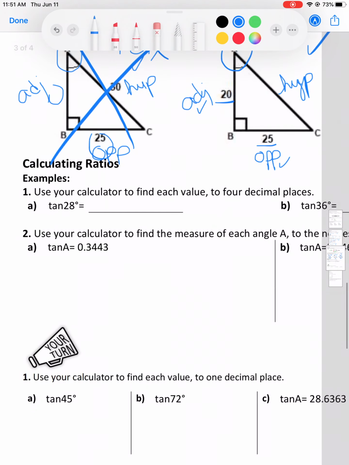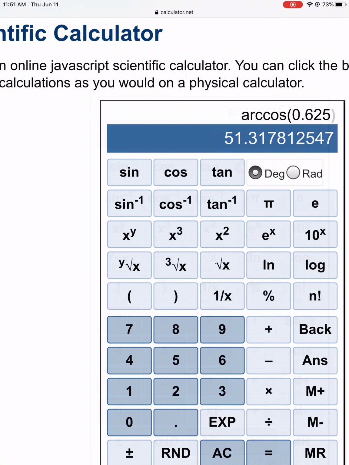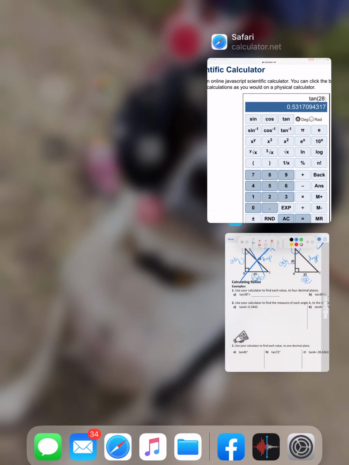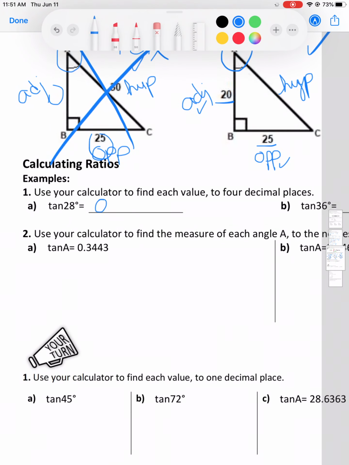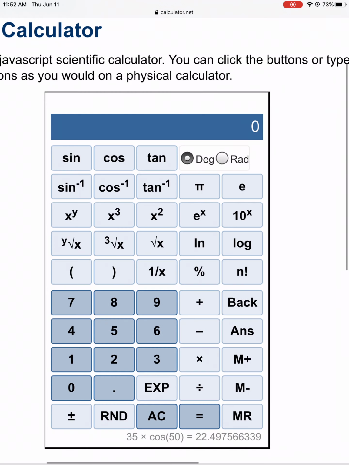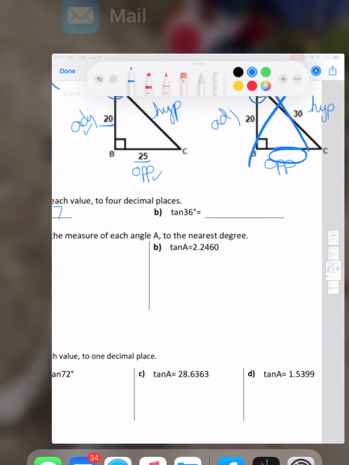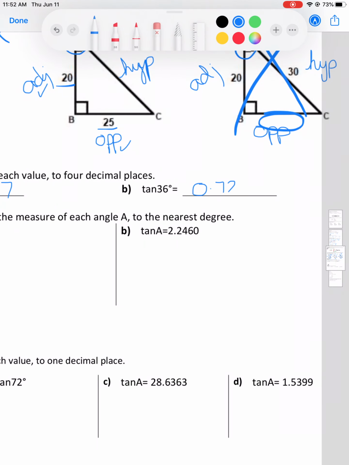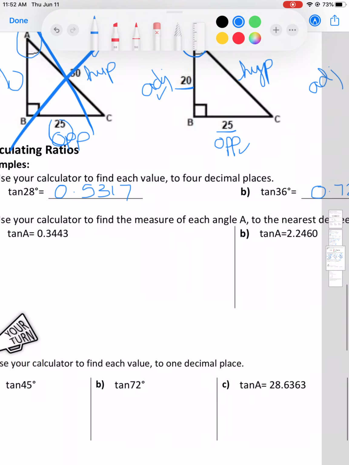So again, this is just throwing in some numbers. Tan 28. Again, guys, please make sure you're practicing this. Tan 28 is 0.5317. Tan 36 is 0.7265. Okay.